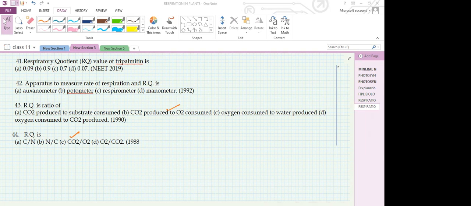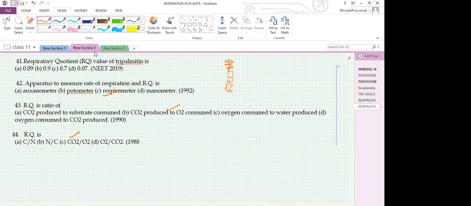You can look up a respirometer and see the picture of it. It has a graduated tube attached to a bulb-like chamber. Here we keep a plant twig in the bulb, so we are talking about a respirometer with respect to plants. This will have a twig attached in the bulb and a graduated tube.